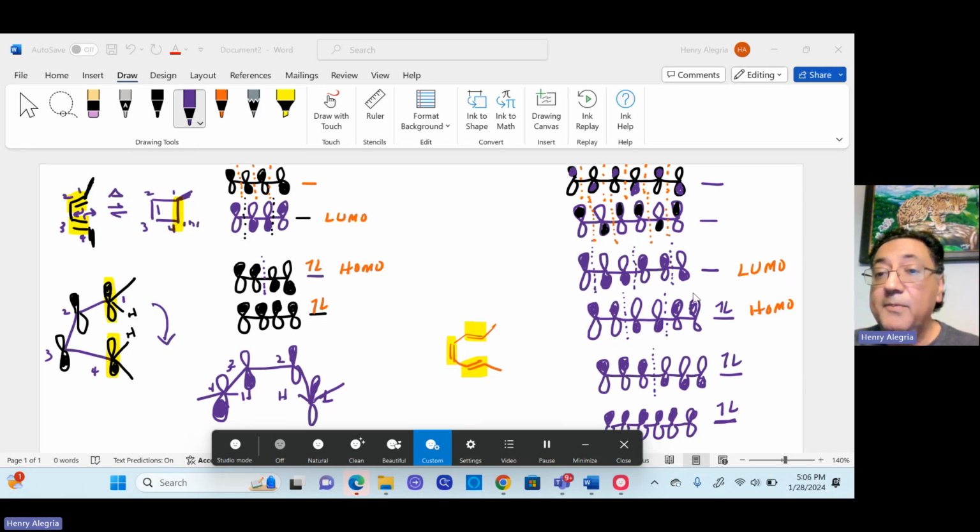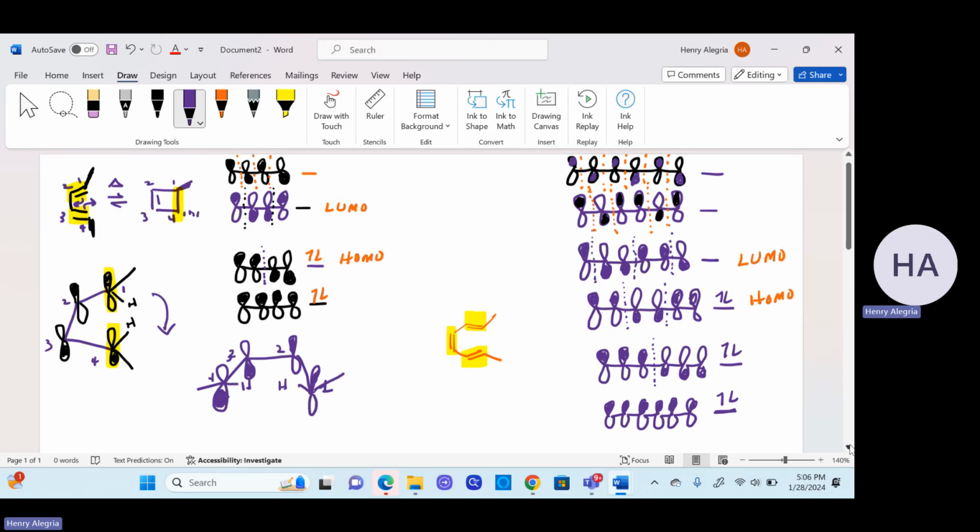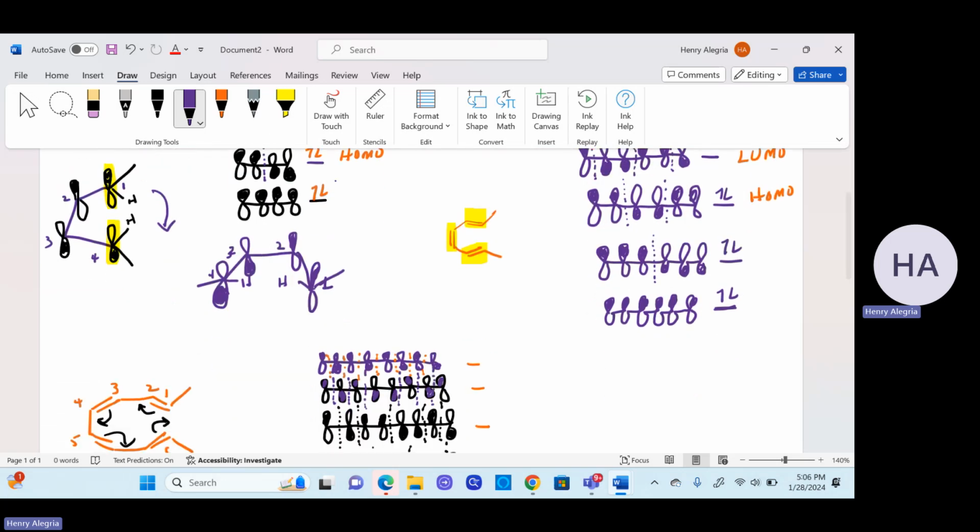But we can actually simplify this even more because the orbitals at 1 and at 2 and 3 are not even participating in anything here. So we can basically ignore them. So we can take this that I've drawn and I'm going to simplify it for you over here. And I'll say that I'm only interested in number 4 and number 1.